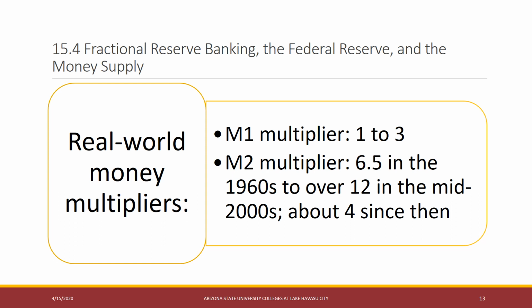In most recent years, the actual M1 multiplier has been in a range between 1 and 3. The actual M2 multiplier showed an upward trend until recently, rising from 6.5 in the 1960s to over 12 in the mid 2000s. Since then, it has dropped to about 4.